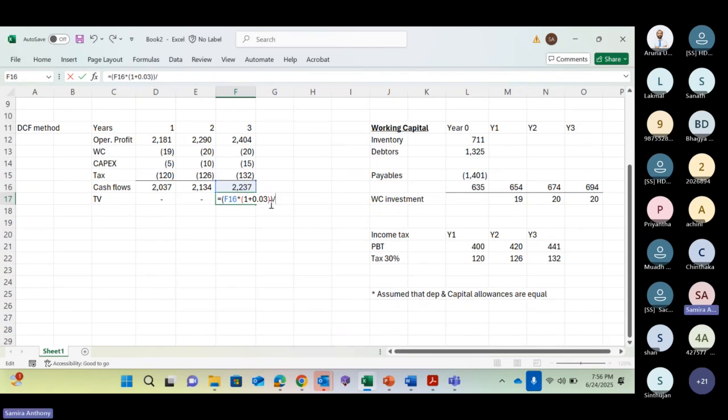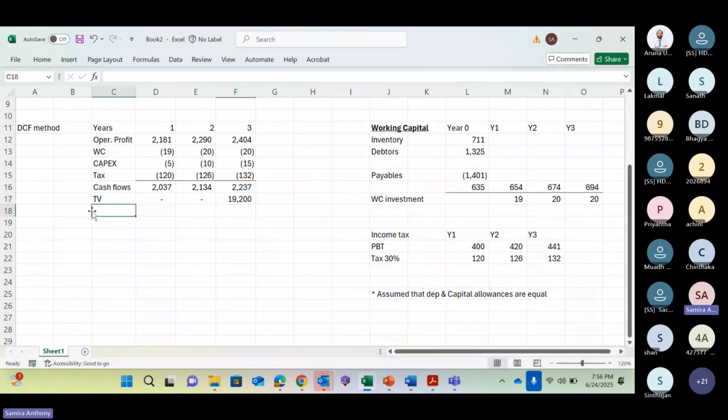This is divided by WACC 0.15 minus G 0.03, that is 0.12. Therefore, terminal value will be this much. Is that clear? You want to write down the formula? Cash flow into 1 plus G, divided by WACC minus G.